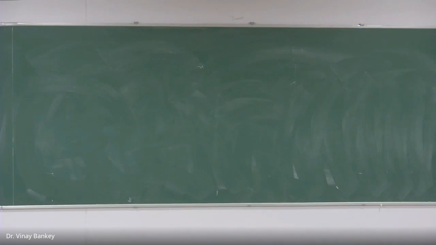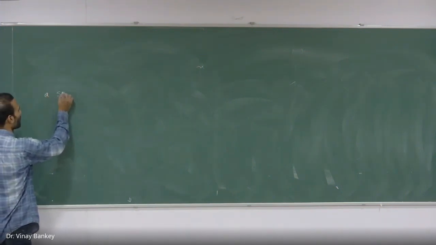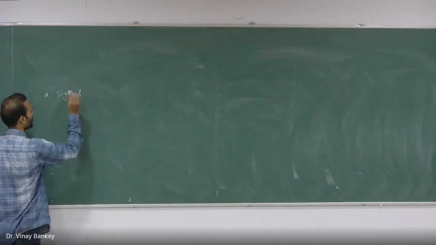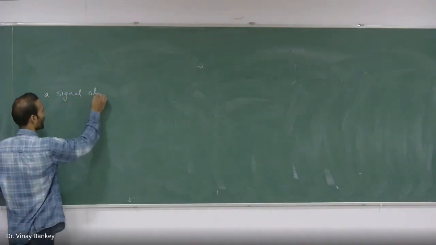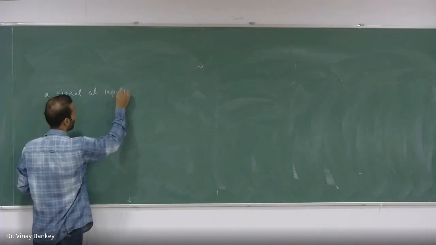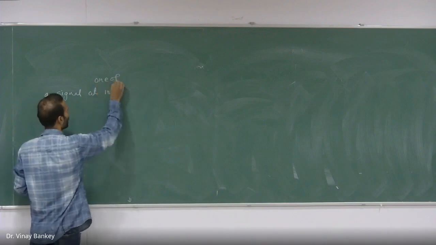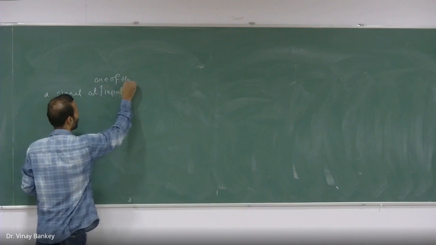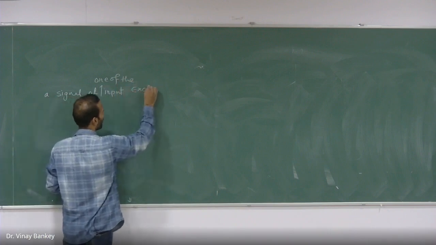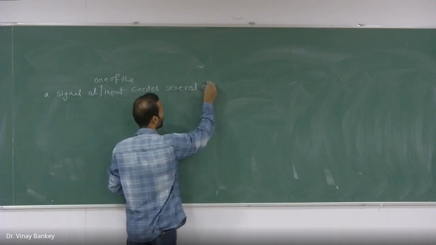Okay, so I'm writing two statements and tell me which combinational circuit they should hold. First statement is: a signal at one of the input excites several outputs.